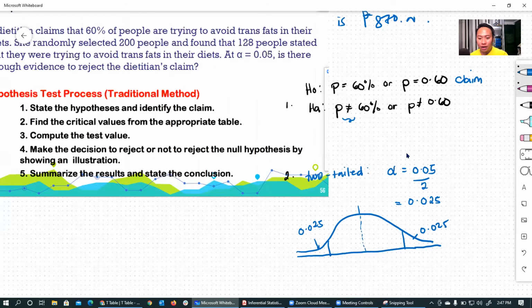So to know what the critical value is here, we need to know first the area of the unshaded region. So it's actually 0.4750 if I'm not mistaken. Yeah, it's 0.4750. So on our Z table, we're going to be looking at the area. Oops, I stopped sharing. I accidentally clicked on stop sharing.